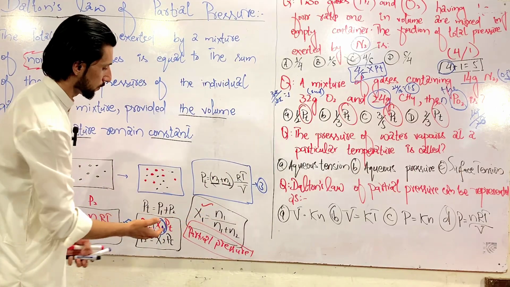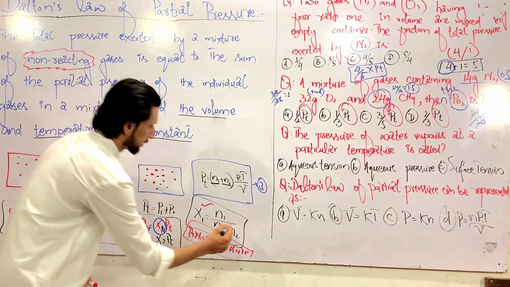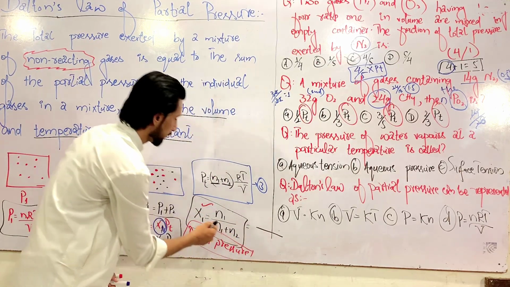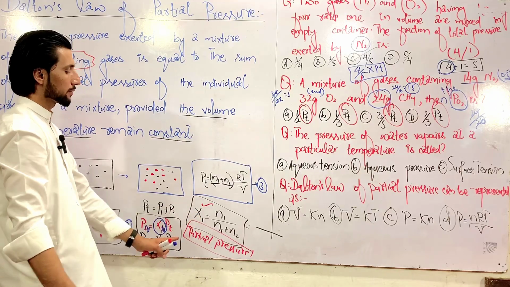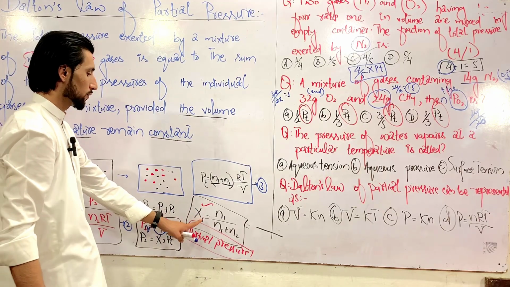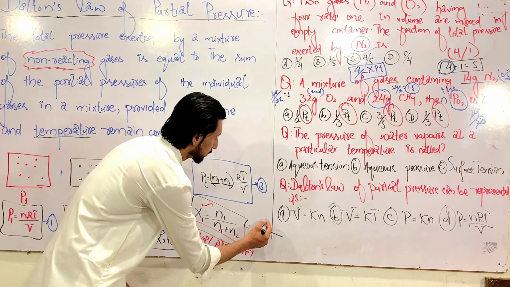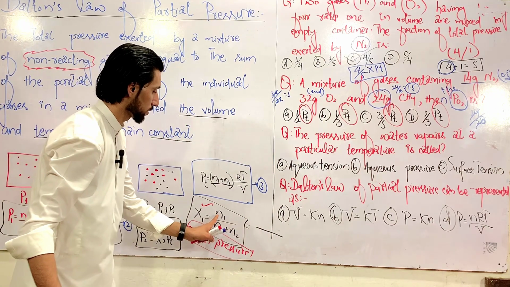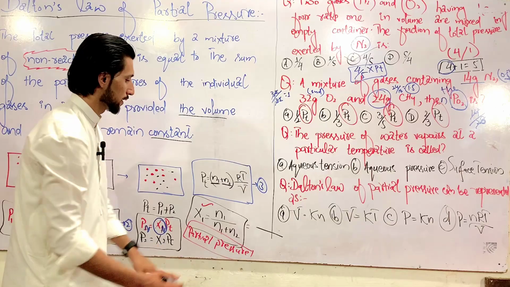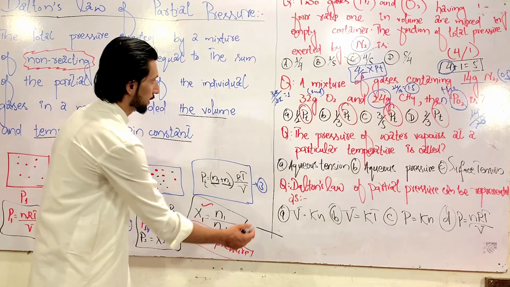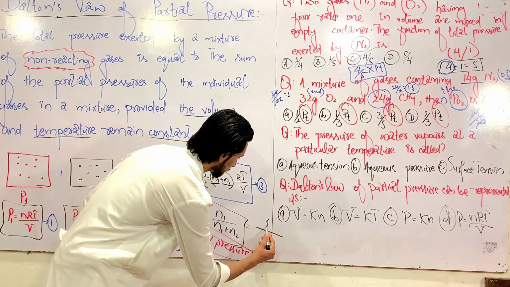What is the formula for mole fraction? That is moles of the thing that I am trying to find. I am trying to find the mole fraction of oxygen, so I have to put the number of moles of oxygen in the numerator, and that is equal to 1.